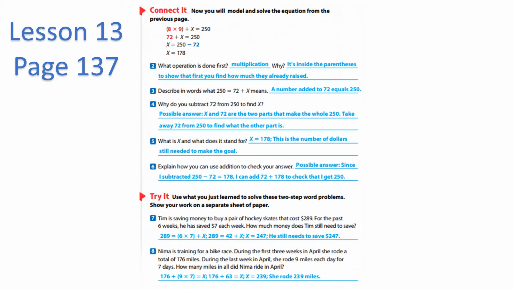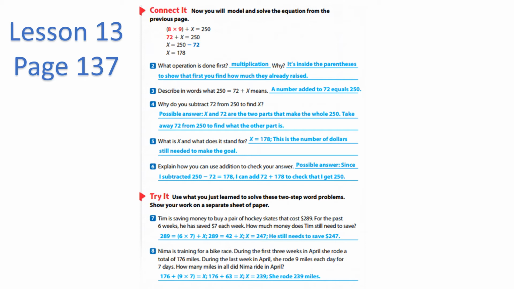So they start out by showing us an equation in parentheses, 8 times 9 plus X equals 250. And then below that, they're showing us that they first multiplied 8 times 9. That's where your 72 is coming from. So 72 plus X equals 250. And then that X will equal 250 minus 72. And then that's showing us that X will end up equaling 178.